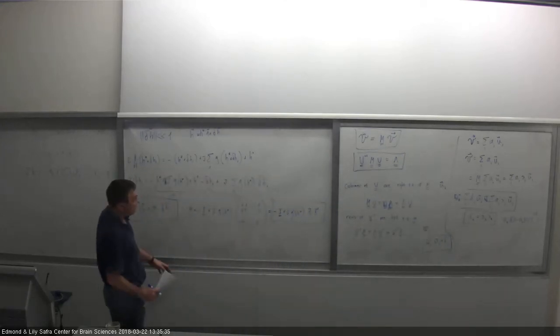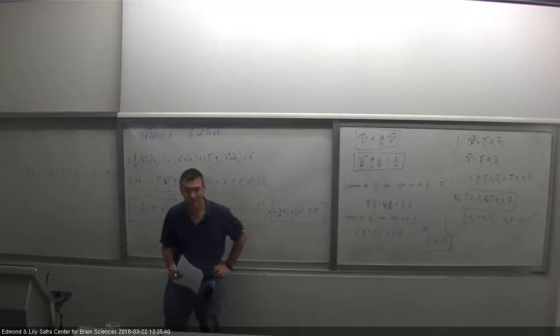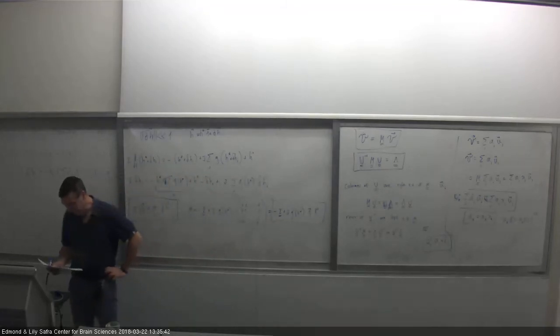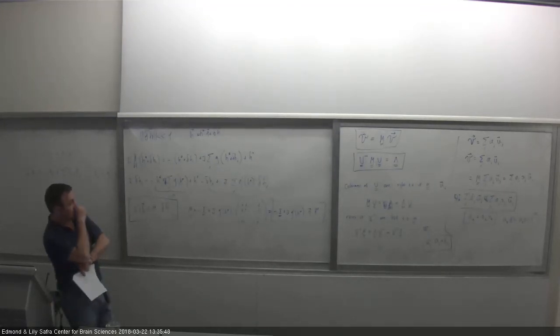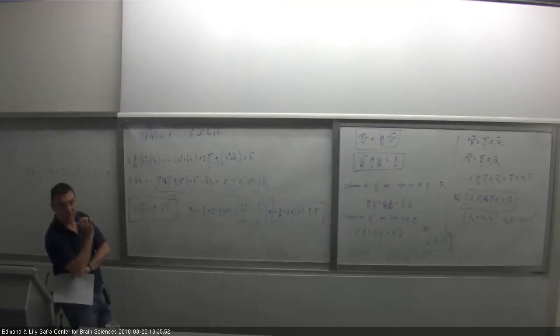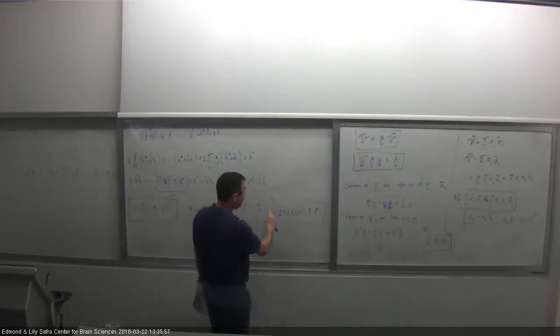So now we have this matrix, which we need to find the eigenvalues of. So what can we say about the eigenvalues of this matrix? The question of stability of the fixed point of the network depends on the eigenvalues of this matrix.